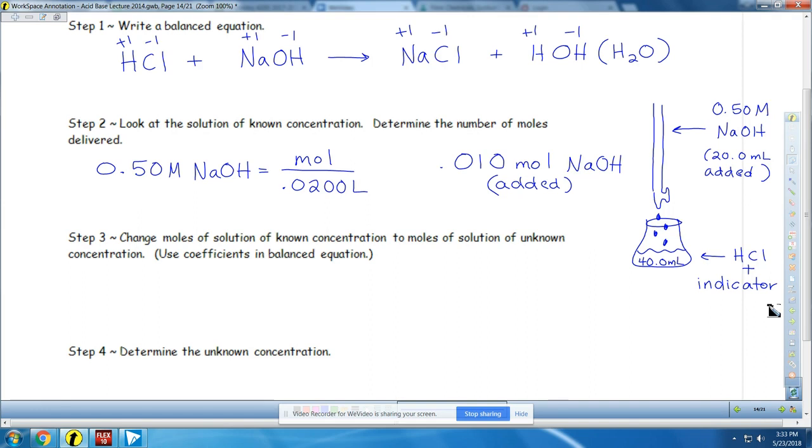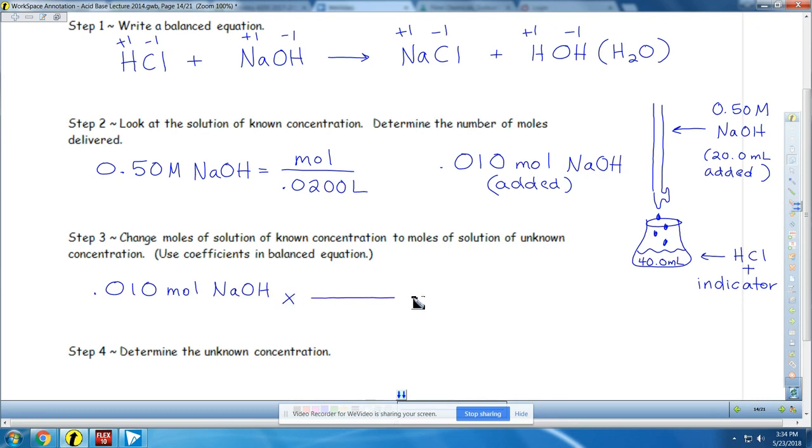Now, if you want, you can be fancy with it, and you could say change moles of known solution to moles of unknown solution. And you could say, well, I knew that it was 0.01 moles of sodium hydroxide. We're trying to figure out how much acid was present.